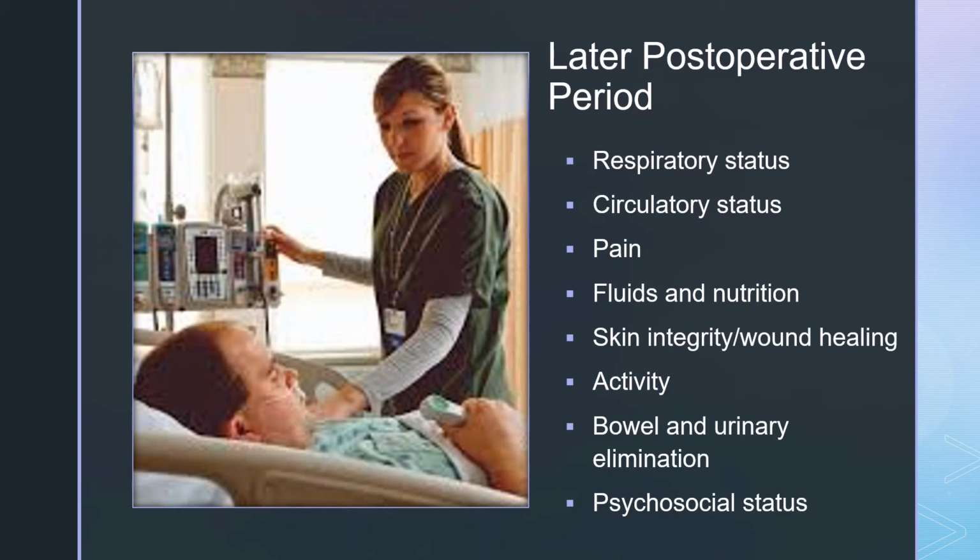There's a Jackson Pratt or Reliavac drain that is a hollow silicone bulb with a cap on it. The bulb itself is attached to a silicone tube that is placed near the wound through a stab site. To activate the suction, we take the cap off of the bulb, we squeeze the bulb tight, and then replace the cap.